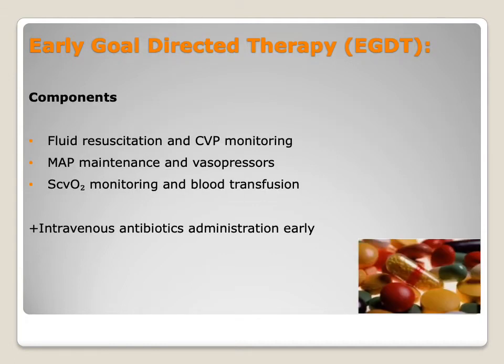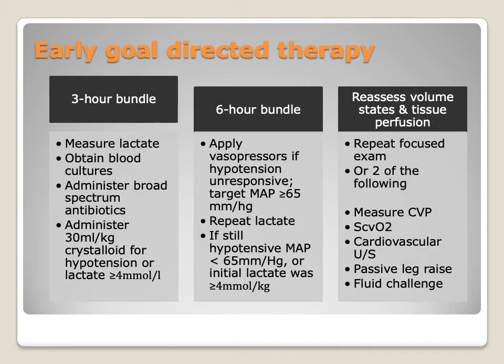Components derived from the early goal-directed therapy were fluid resuscitation and central venous pressure monitoring, mean arterial pressure maintenance and vasopressor usage, central venous oxygen saturation monitoring and blood transfusion, and early intravenous antibiotic administration.